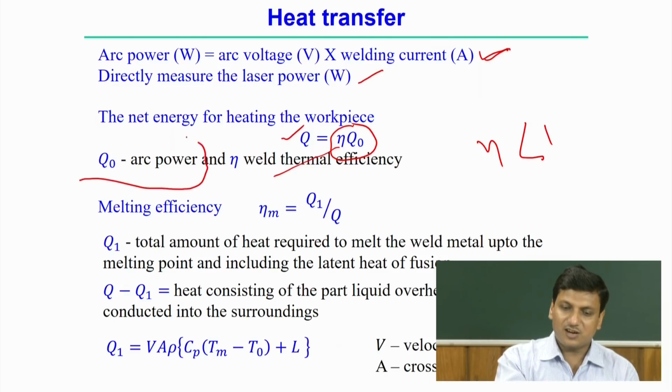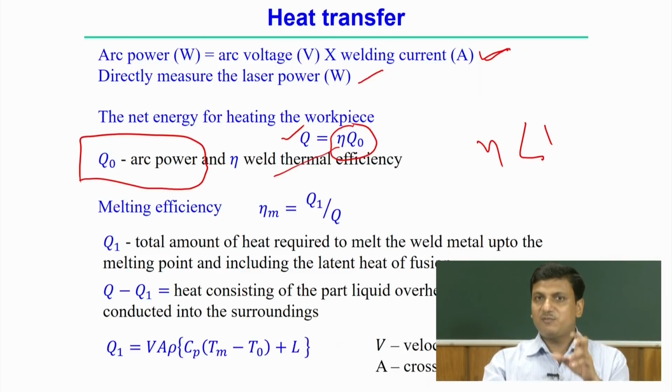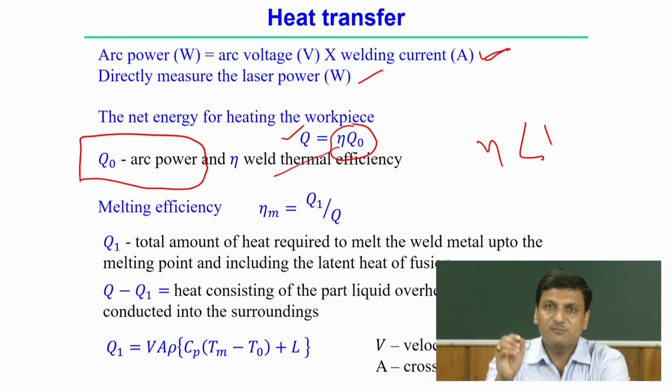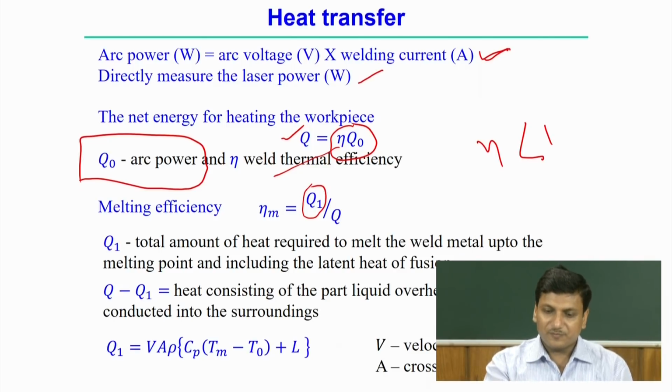Q0 is the arc power, and when the arc power is multiplied by the weld thermal efficiency, that is the actual amount of energy that goes into the workpiece or substrate material. Then we can define another term, called the melting efficiency. Not all the supplied power is utilized for melting. The total supplied heat to the workpiece is Q.